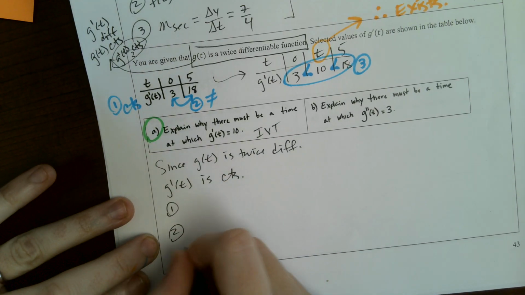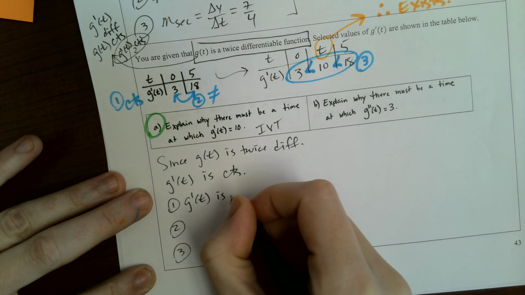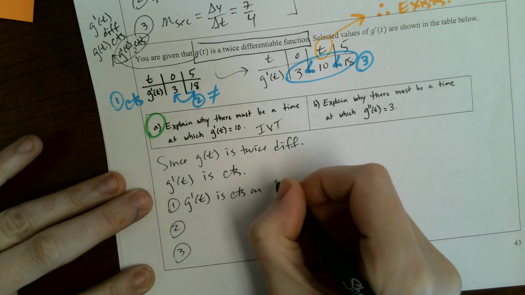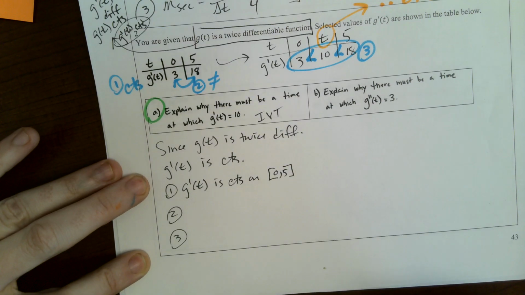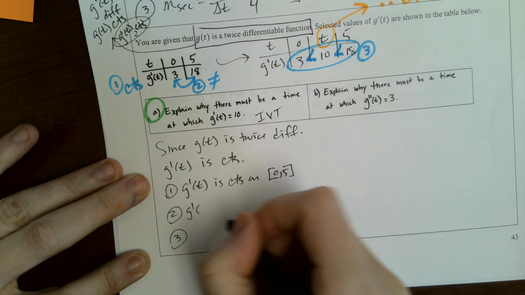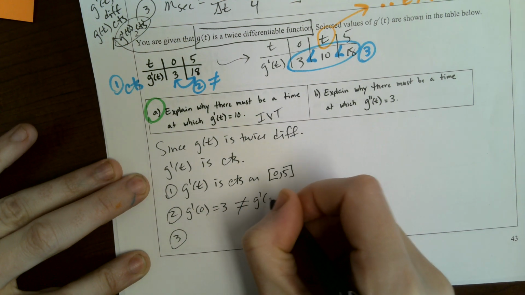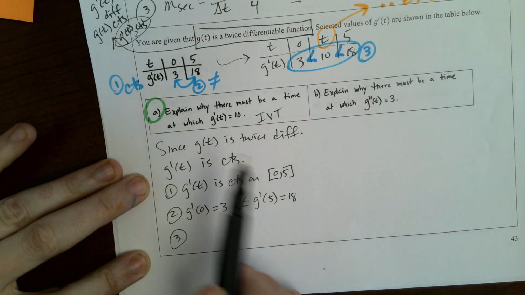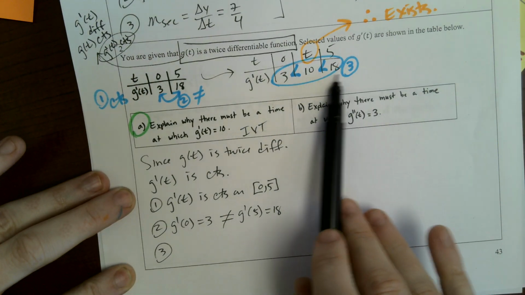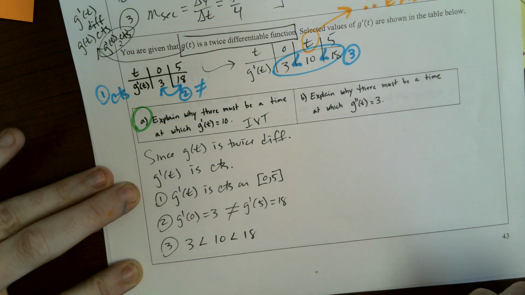So 1, 2, 3. 1, g prime of t is continuous on 0 to 5. 2, g prime of 0 equals 3, and that is not equal to g prime of 5, which is 18. Now 3 is this one: 3 is less than 10 is less than 18.